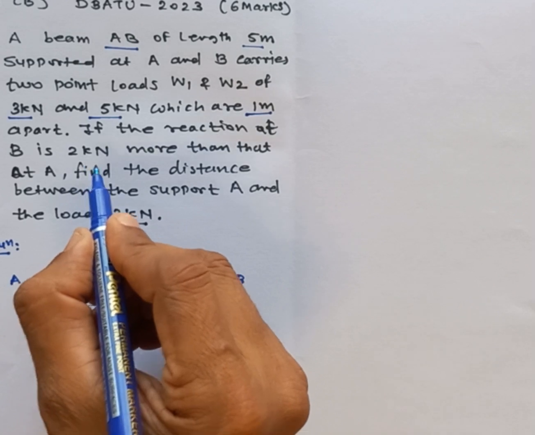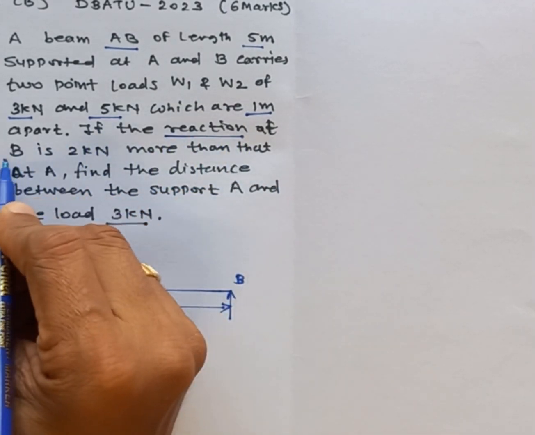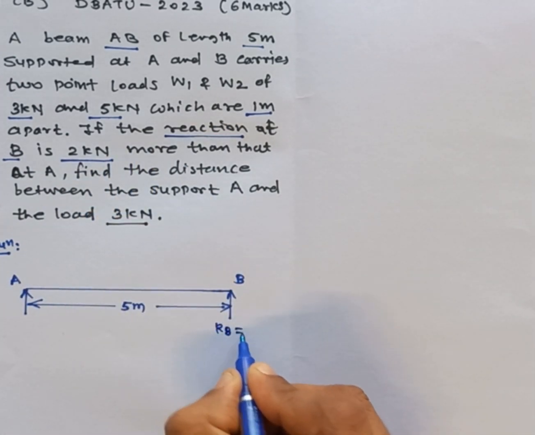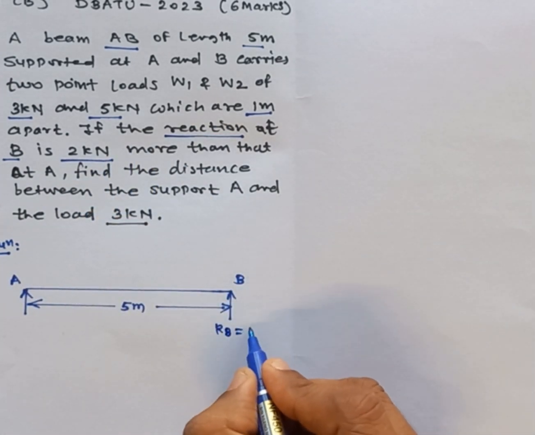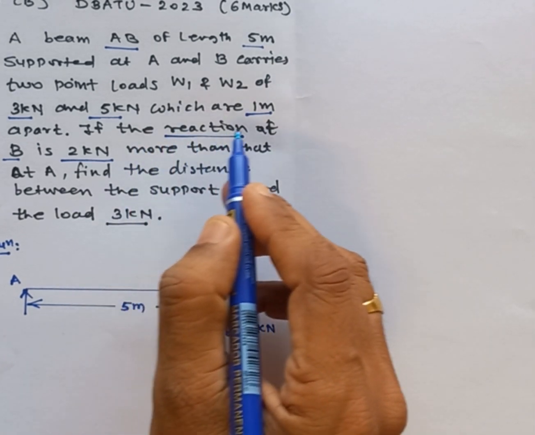And one more condition they have given: the reaction at B is 2 kilonewton more than that at A. Read one by one, go step by step, and then you will get a better understanding of how to solve this problem. So I am repeating here.